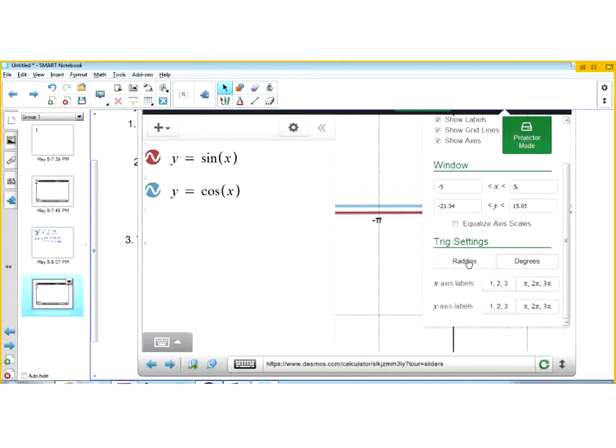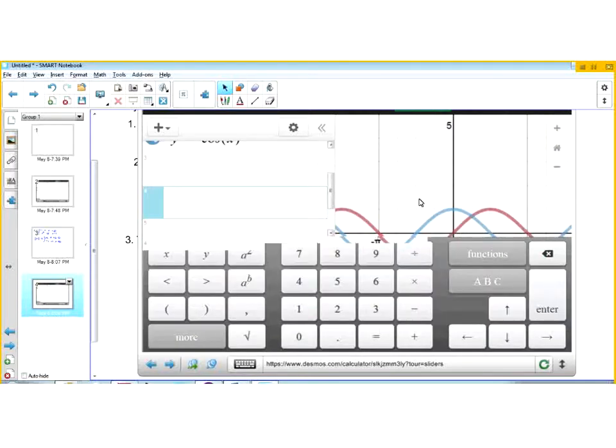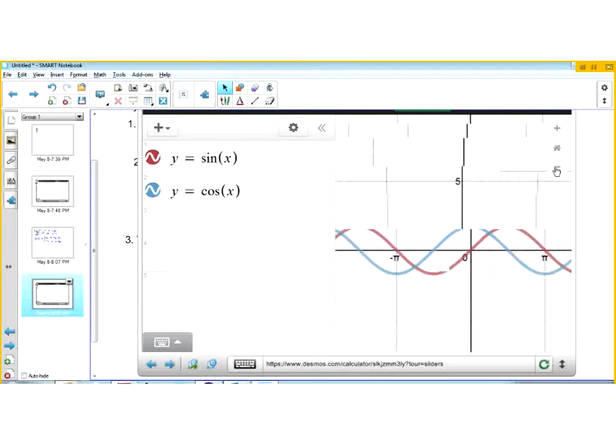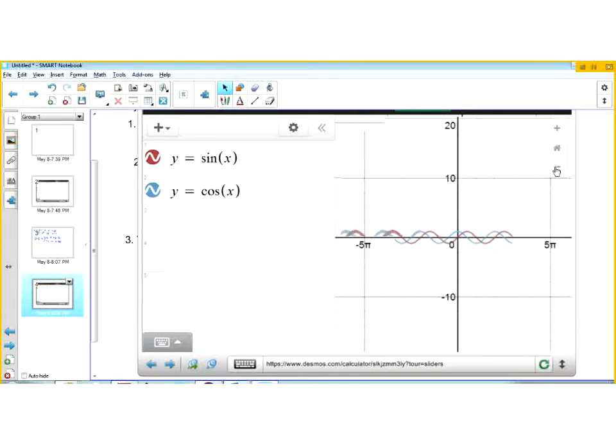Let's change our zoom box. Okay, so maybe this will be helpful.